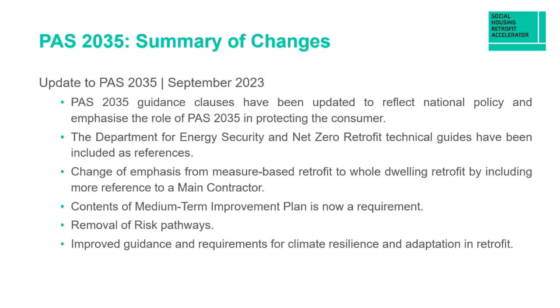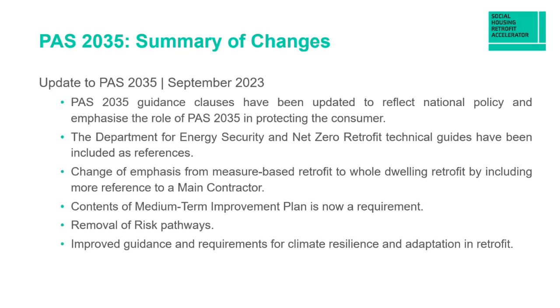So instead of having individual contractors fitting individual energy efficiency measures, so a heat pump or external wall insulation, there's much more reference being made to a main contractor who may oversee the whole process and consider it from an entire dwelling perspective. The contents of the medium-term improvement plan are now a requirement as part of the new PAS.